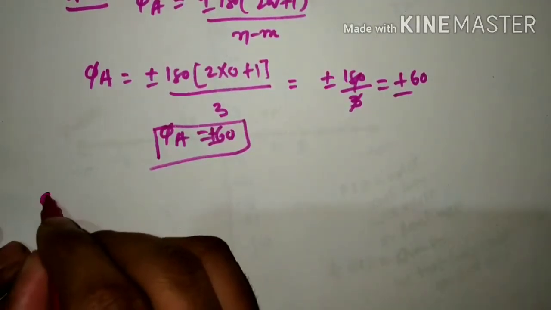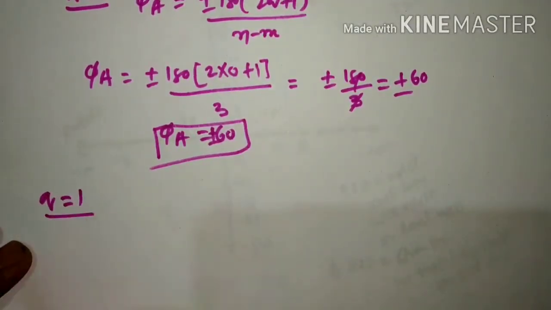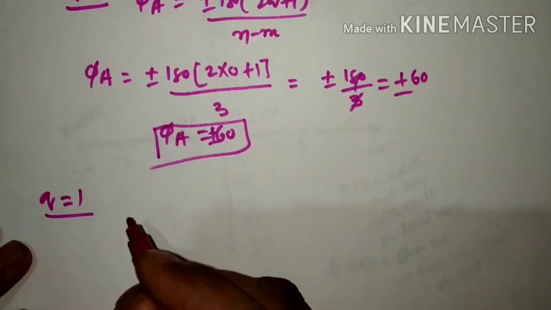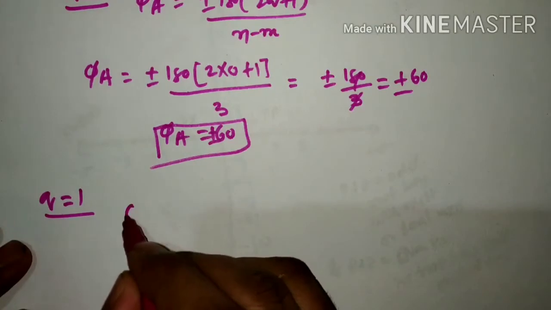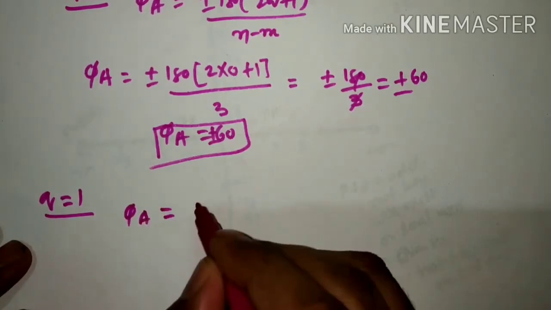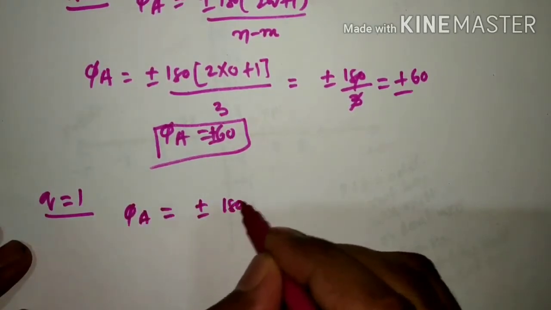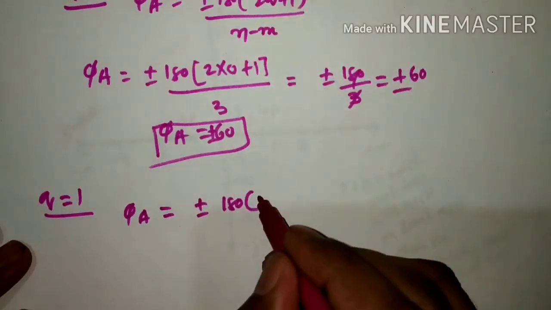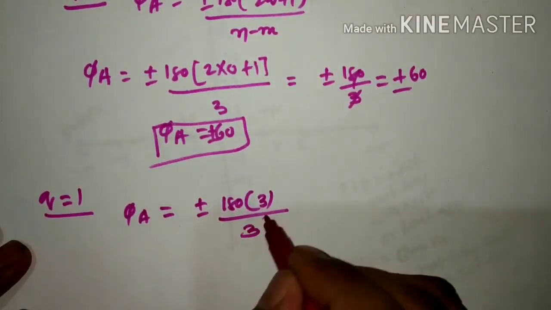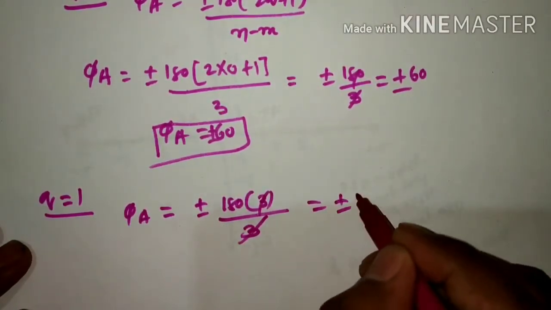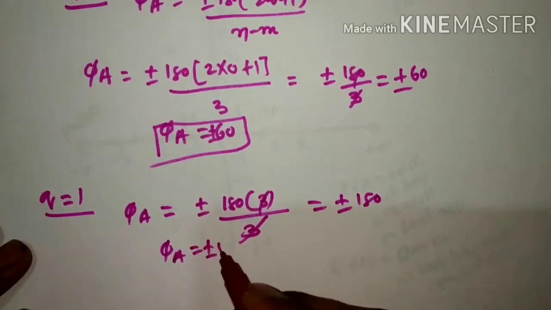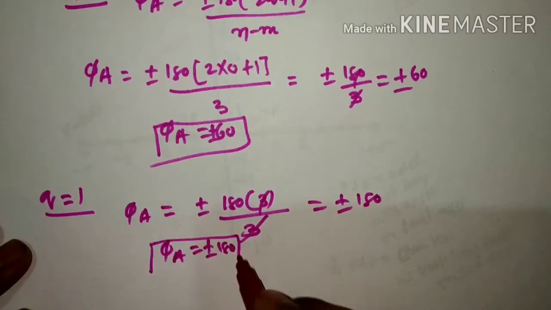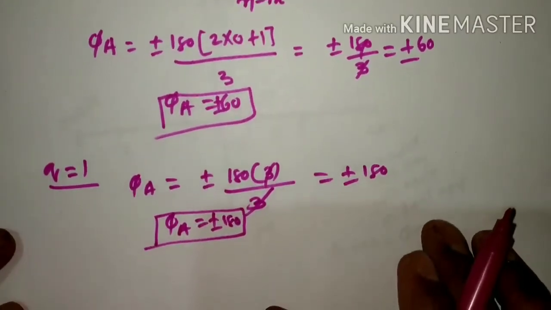Next we have to find for q is equal to 1. What is the asymptote? Simply substitute q is equal to 1 here. You will get phi a is equal to plus or minus 180 times 3 by 3, so you will get plus or minus 180. Therefore phi a is equal to 180 degrees.